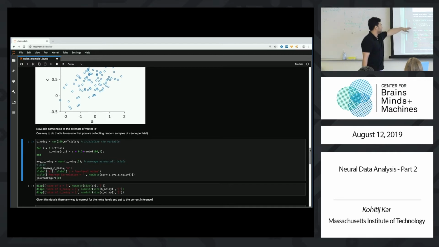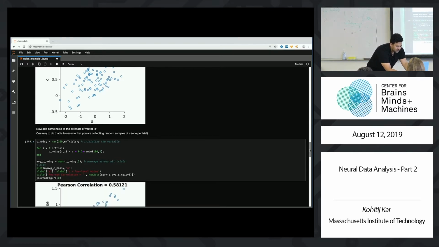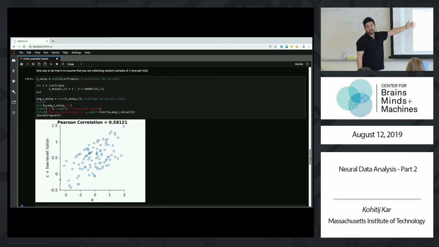Now, here is another version where I add some noise, but lower noise, to C while estimating C from different trials. I can do that, and it's still pretty high. It's like 0.58 again, right? So if for some reason the way I'm measuring this variable C is much less noisy, then I have a higher probability of saying that C is correlated with A than B. So that's the problem.